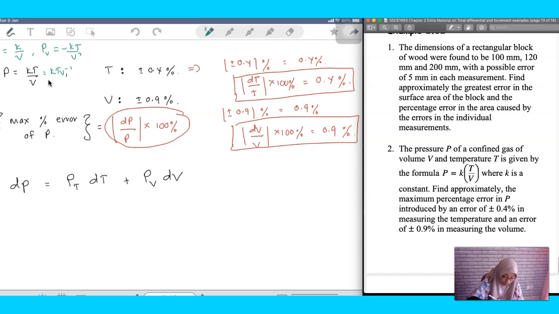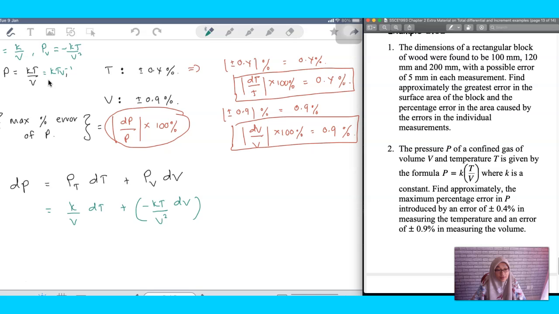Now you plug in: P_T is K over V dT, plus, be careful, you have negative, so you have KT over V squared dV. I just put the negative in the bracket.